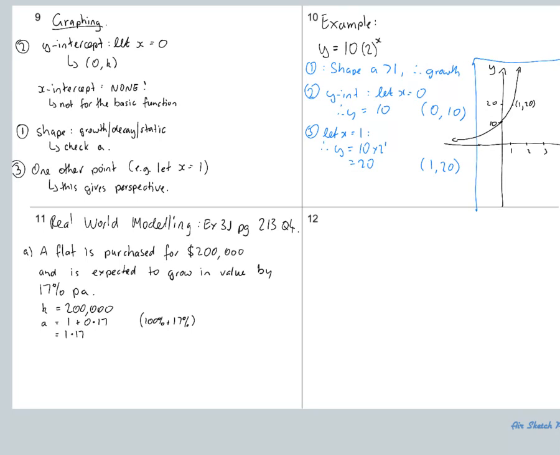A equals 1.17 would be fine. So 1.17 is the growth. Now, rather than using y and x, I'm going to use variables that probably represent the figures a bit more. So A for amount, big A, of course. I can't use a little a because that would be confusing with the little a that we use. A is equal to K times a to the power of, and I'm going to use T for time.